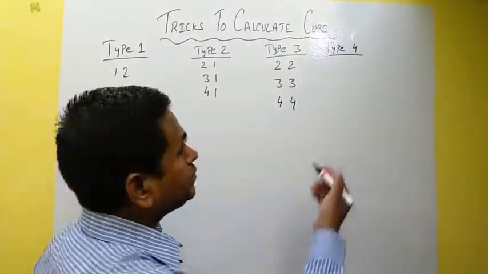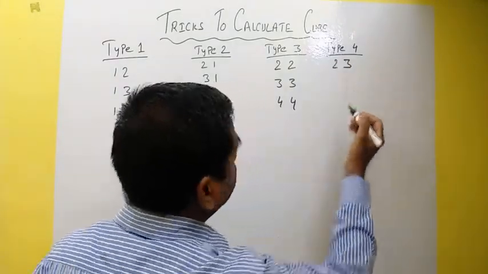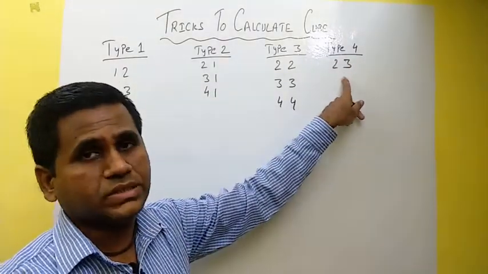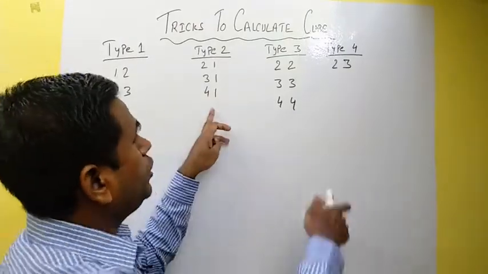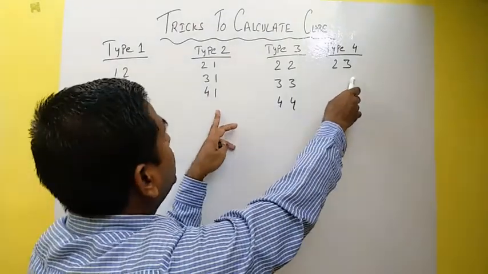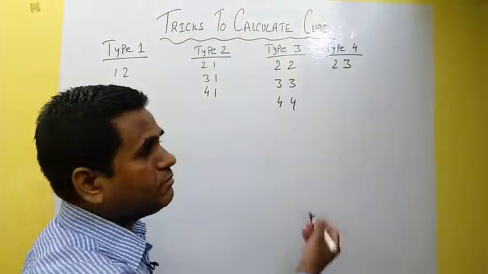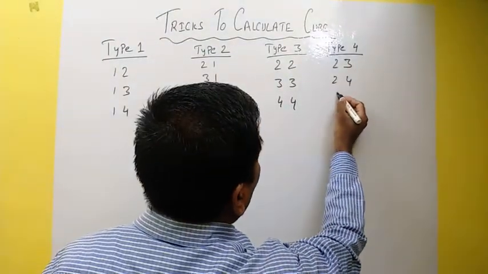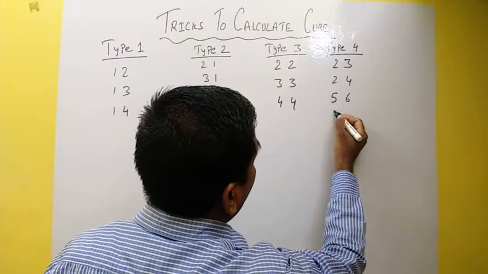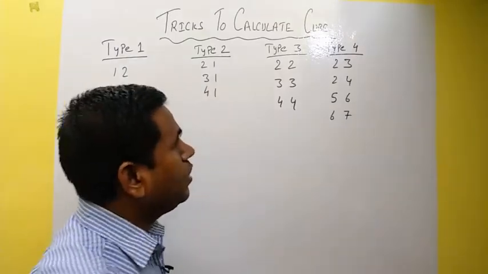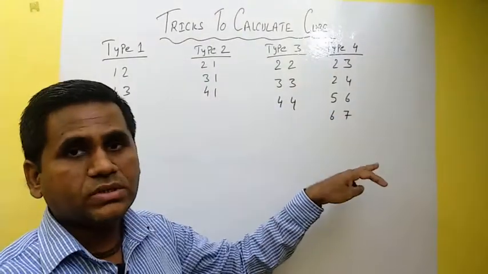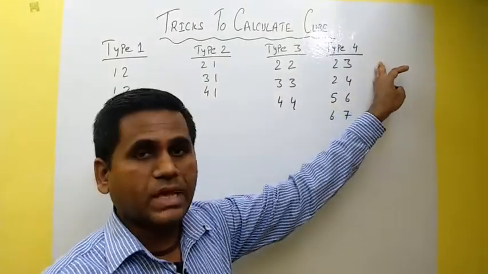For example, if I take 23, the digits are different, it neither starts with 1 nor ends with 1, and the digits are also not similar. So like this example: 23, 24, let's say 56, 67. All these types of numbers come in type 4.